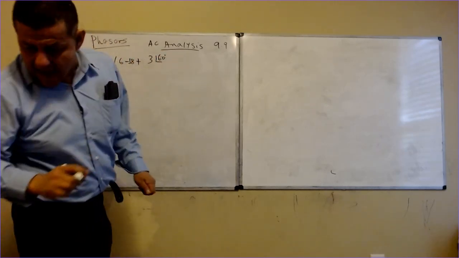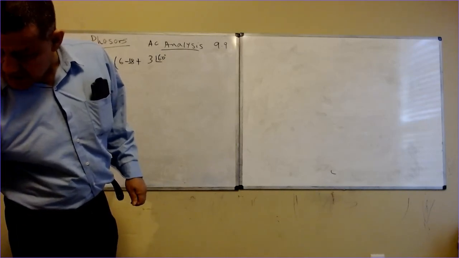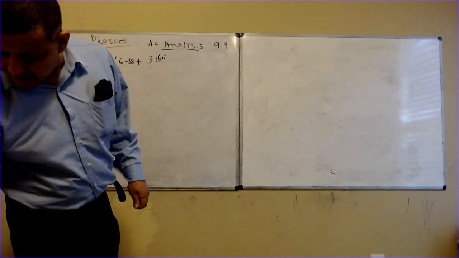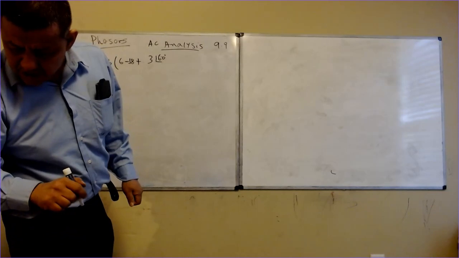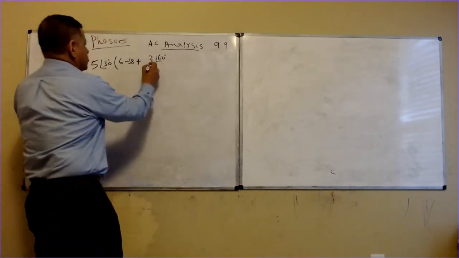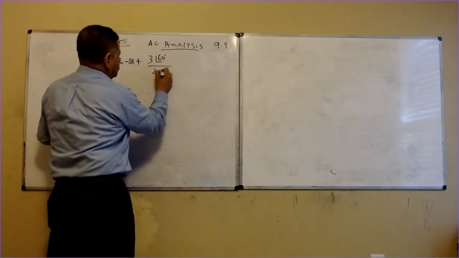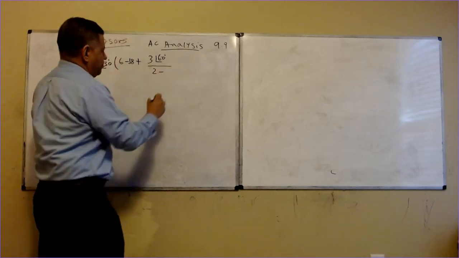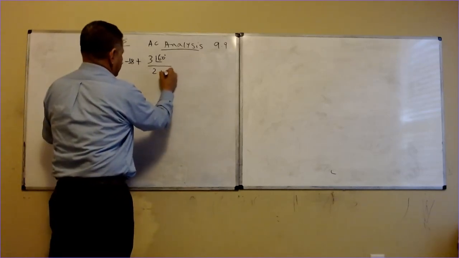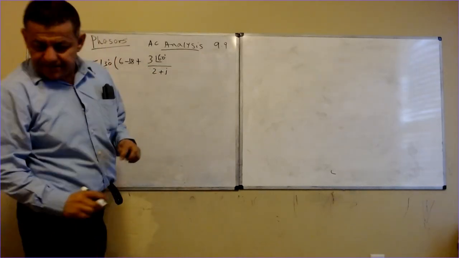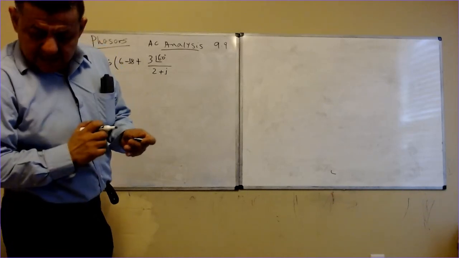And then in the bottom of that we have 2 plus j. Right? 2 plus j.